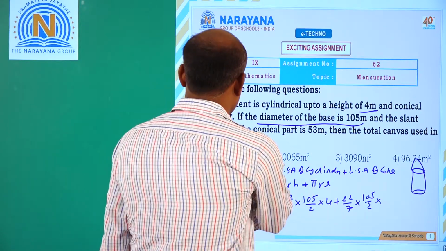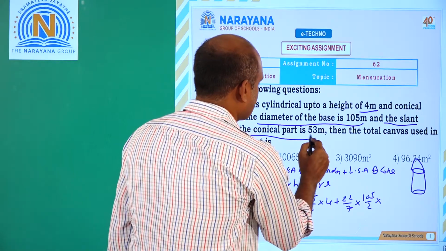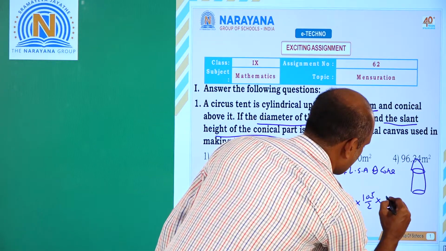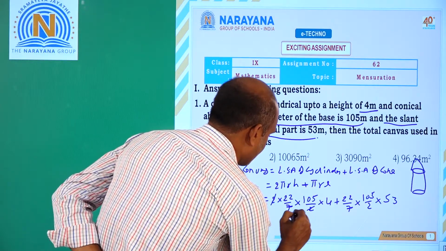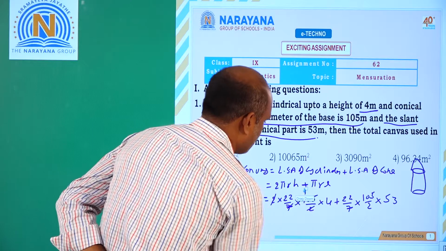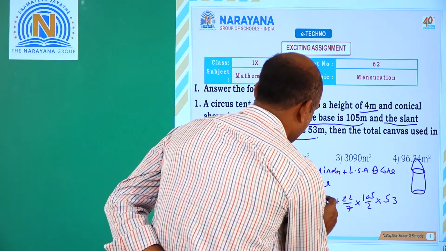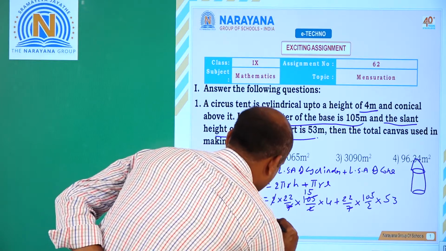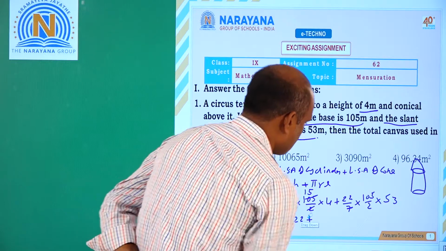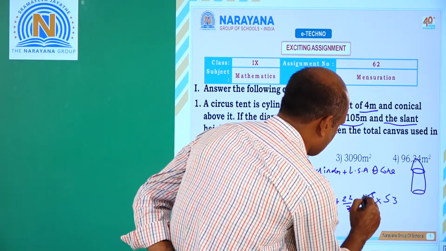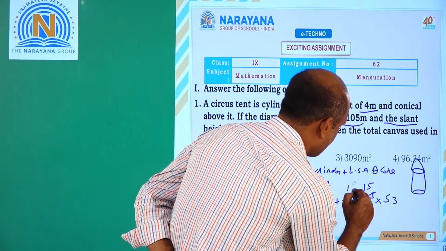Slant height of the conical part is given as 53 meters. These two get cancelled. 7 into 15, 15 times. So 15 into 4, 60. That is equal to 60 into 22 plus this 7, 15 times, and this is 11 times.